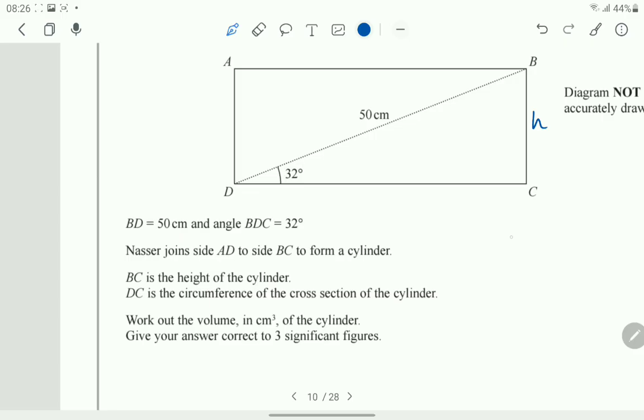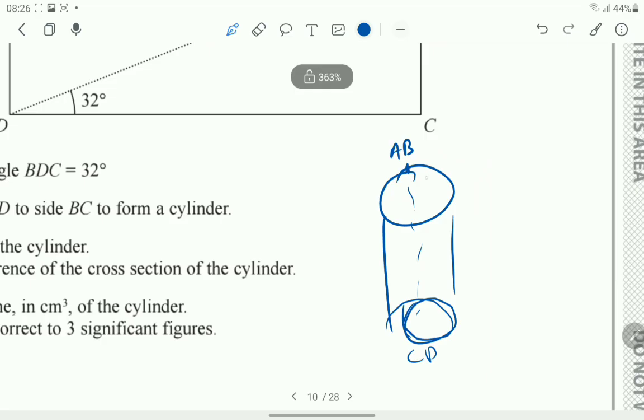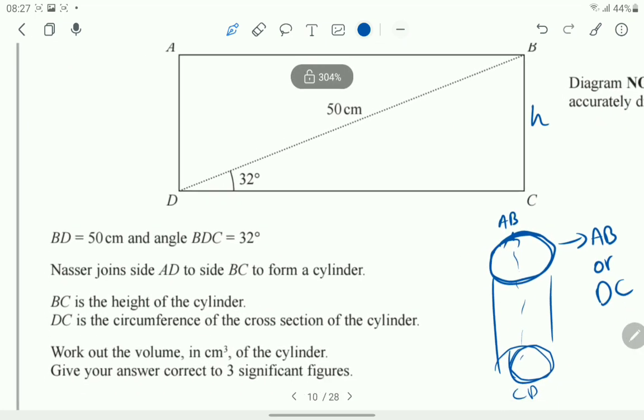So when the shape is formed, it would be something like this. Corners AB would join here and corners CD would join here. And so what I'm seeing is that this circumference would be equal to AB or DC, since they are equal lengths. So yeah, moving on.